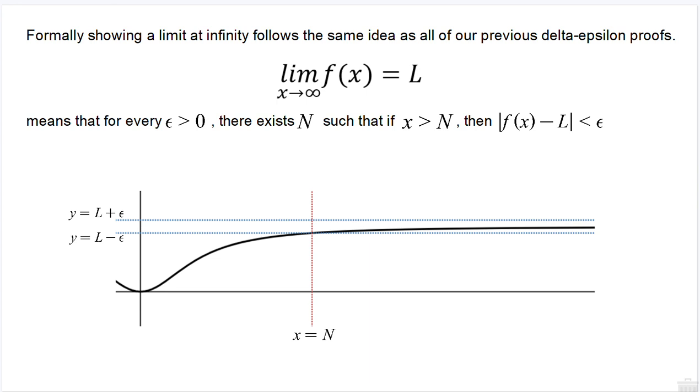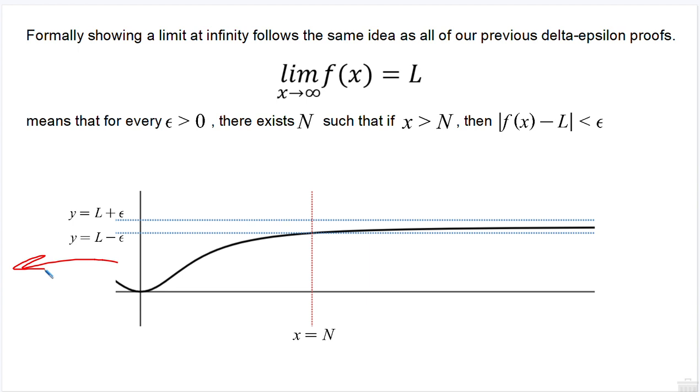Just like I did with the vertical asymptote ones, I'm only going to show the formal proof for infinity, but the same idea applies. If we were doing this for negative infinity, we'll have the function going this way towards negative infinity.